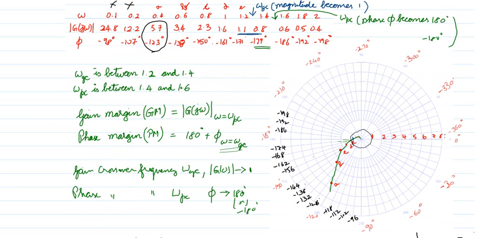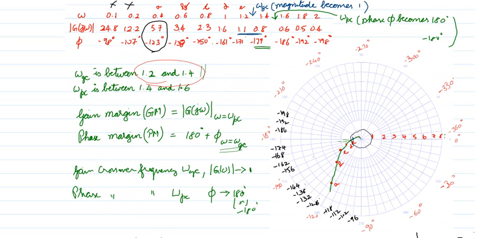Now you see what I have said. We have to first find the gain crossover frequency. It is between 1.2 and 1.4. I am using my calculator. I substitute omega as 1.2 and I get 1.14. Next I put 1.4 and get 0.85.